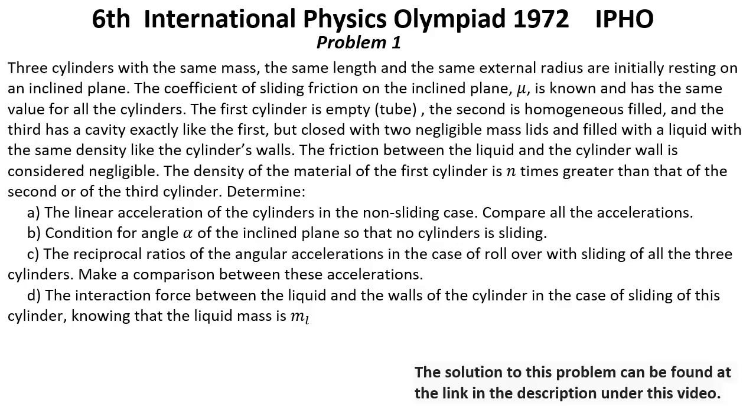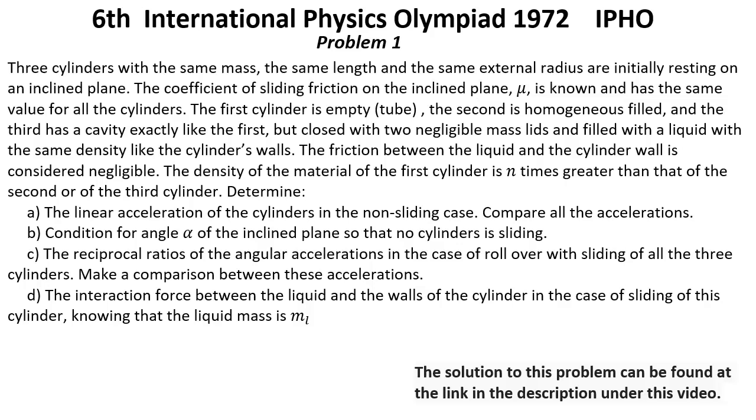The first cylinder is an empty tube. The second is a homogeneous full cylinder, and the third has a cavity exactly like the first, but closed with two negligible mass lids and filled with liquid with the same density as the cylinder's walls.